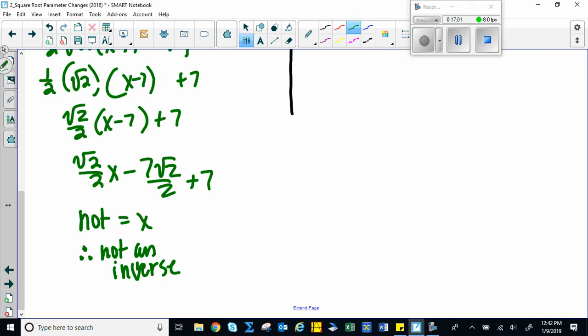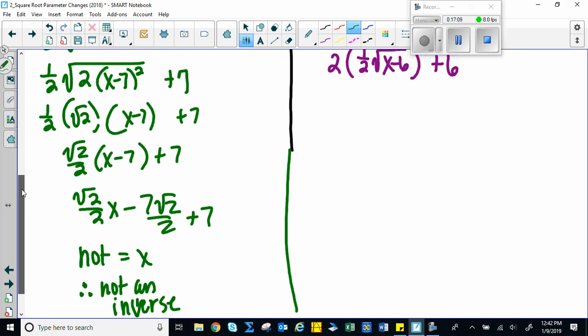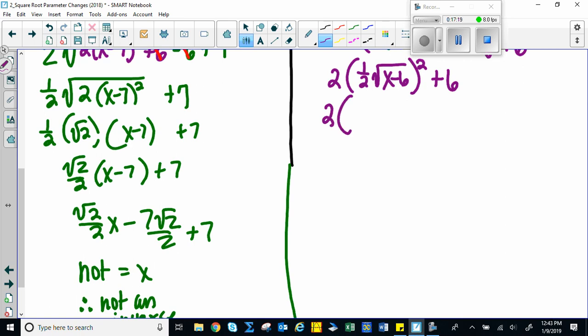All right, so don't force it. Sometimes it looks pretty good, and then when you start simplifying, you're not going to necessarily get to x. So let's just finish up the right-hand side also. If I'm squaring all the terms inside the parentheses, 1/2 squared is 1/4, and then the square root of x minus 6 goes away.